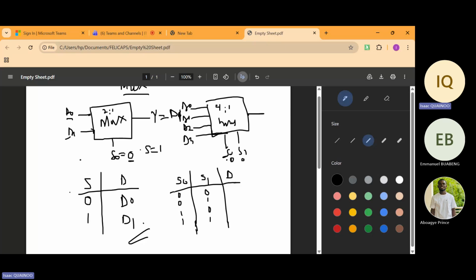So what 0 is trying to tell us is that we are going to select data line 0. And if S is equal to 1, we are going to select data line 1. So for two select lines, we have our first combination to be 0 and 0. So if our two select lines are 0 and 0, which particular data line are we going to select?